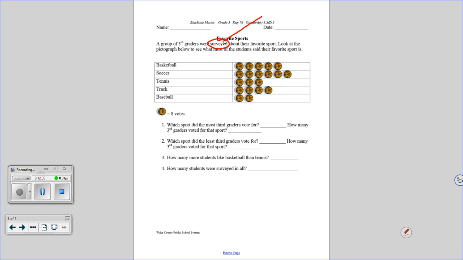So when you survey something, you are asking questions, but not just asking random questions. We're asking questions to gain data.